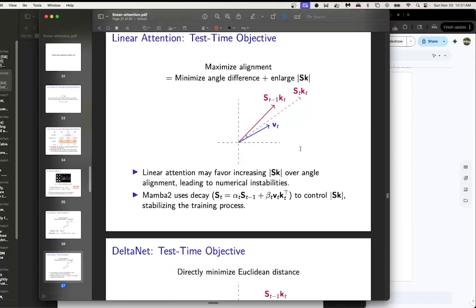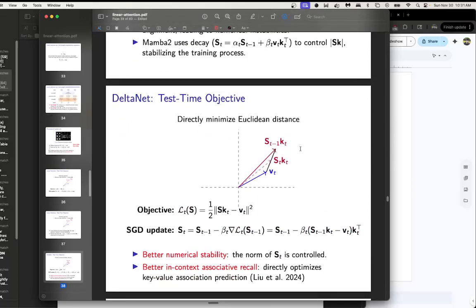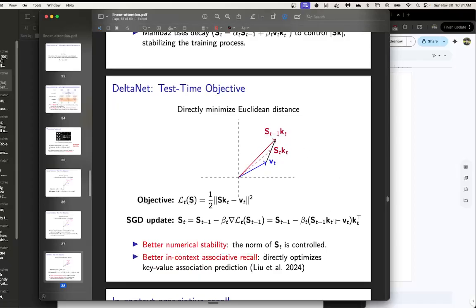So what they do is they claim with this delta rule that it's more akin to minimizing the L2 norm between the projection S_t k_t and v_t. That way it does penalize the magnitude and coaxes the model towards minimizing the angle between the current prediction and what we want to map it to, right?